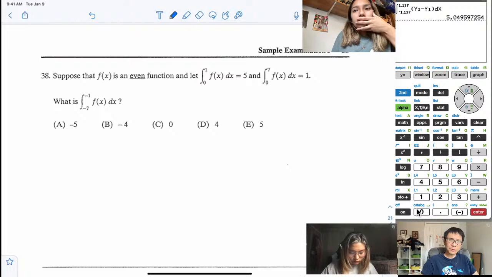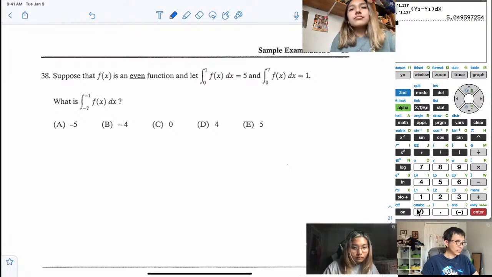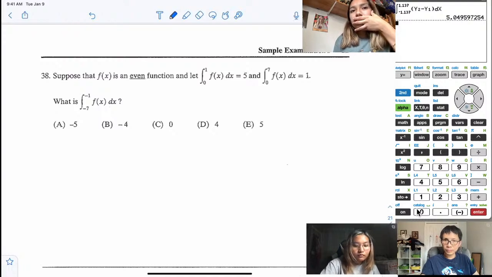Okay, do you guys know what an even function means? Can you ask her if it's still echoing? Yeah, I'll ask. Filter, dedicated output, yes.